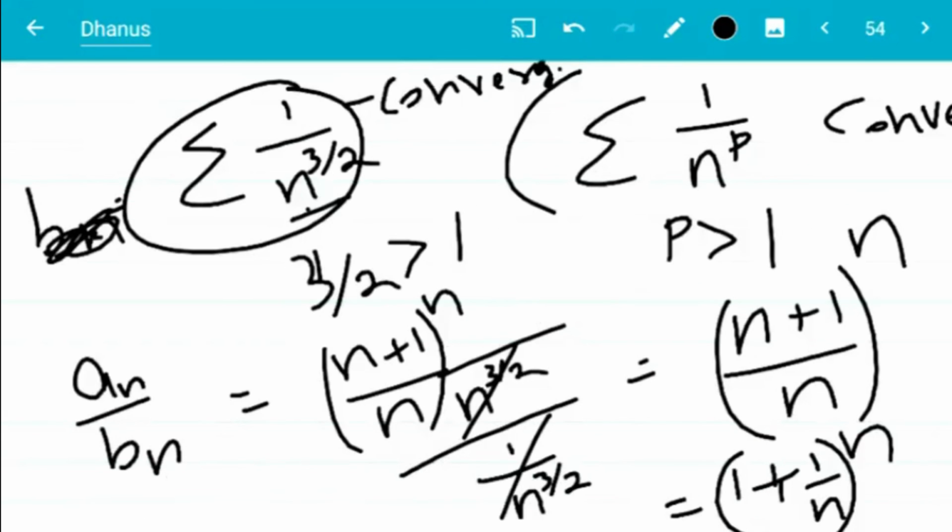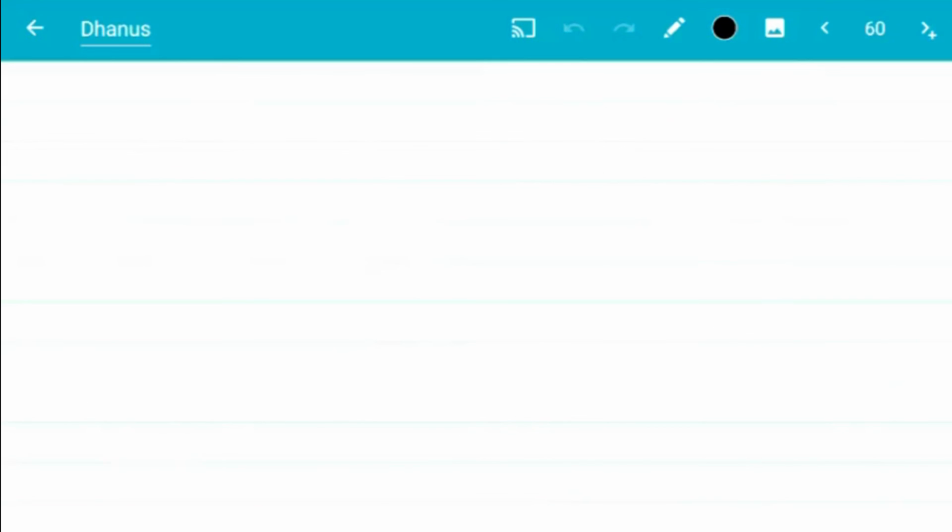The third option was, and our negation was, limit of An not equal to 0. That was our question. We have to find the negation for this statement. Am I right? Yes, sir.